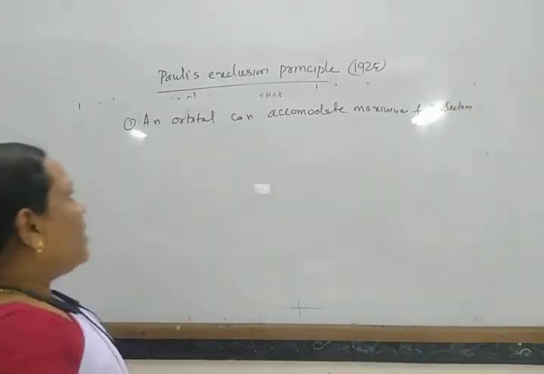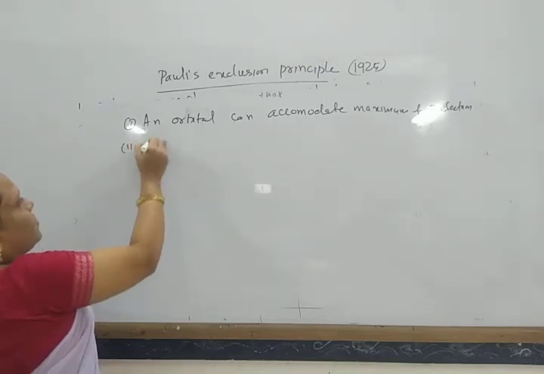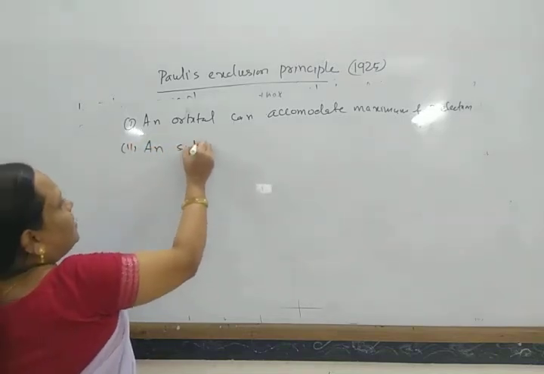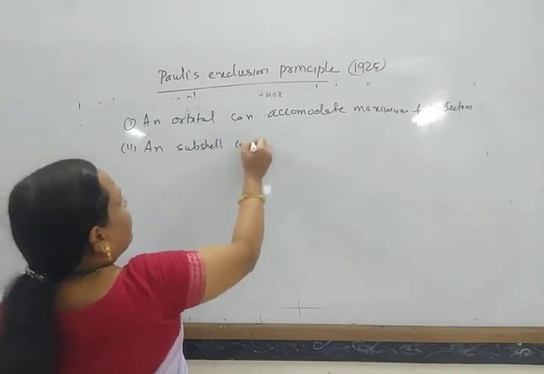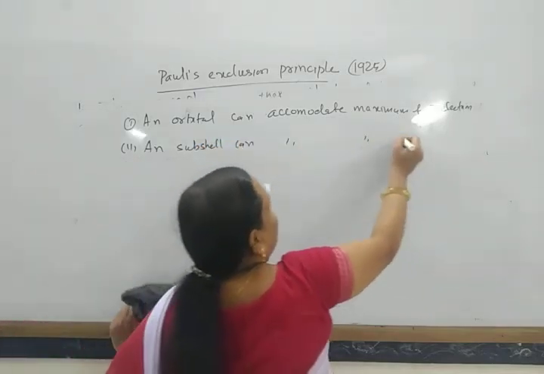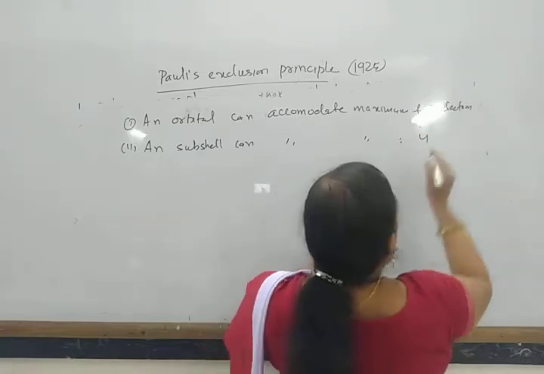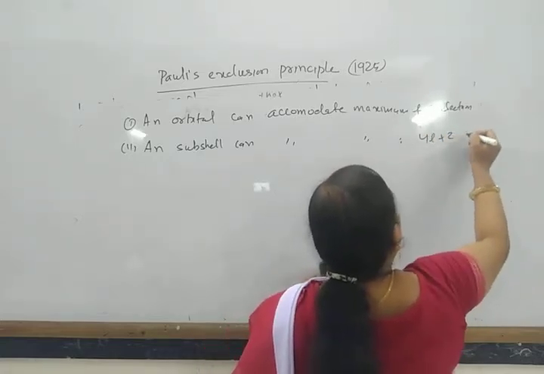And number 2, a subcell can accommodate a maximum of 4l plus 2 electrons.